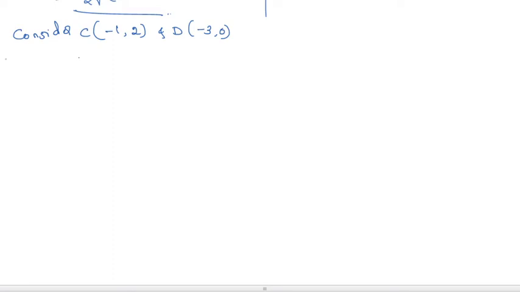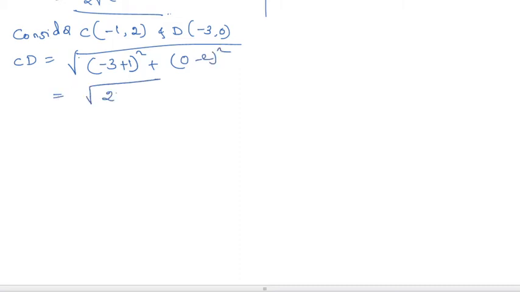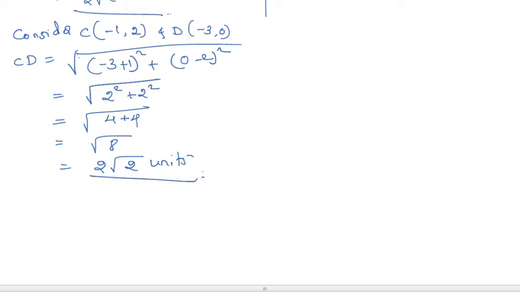Now CD, the distance between the 2 points CD is equal to square root of (x2 minus x1) square, (minus 3 minus minus 1 means plus 1) square plus (0 minus 2) square. You will get square root of minus 3 plus 1, you will get minus 2 square plus 2 square, is equal to square root of 4 plus 4 is equal to root 8. Root 8 can be written as 2 root 2 units. It is the value of CD.